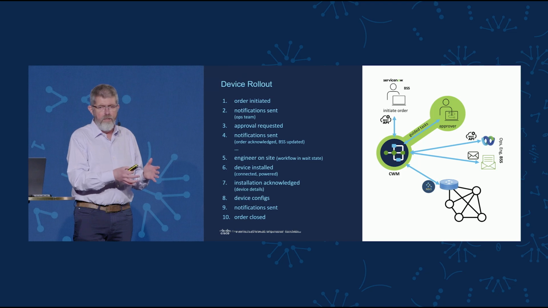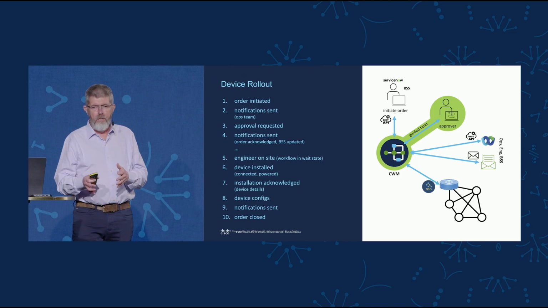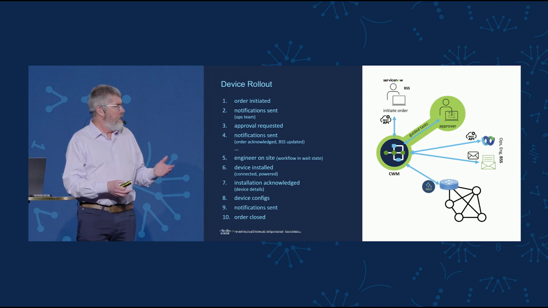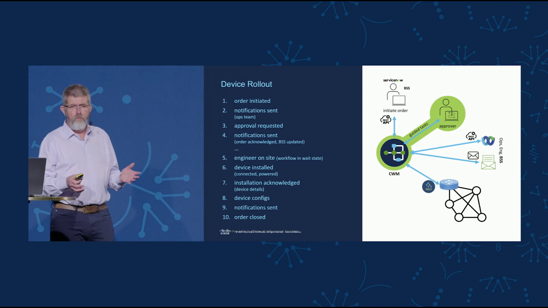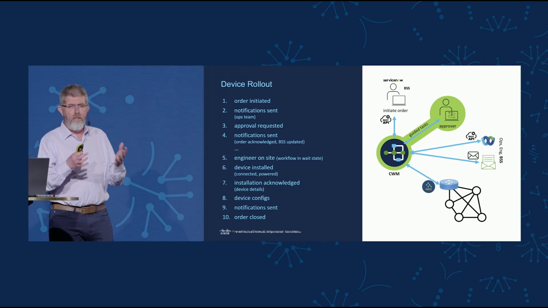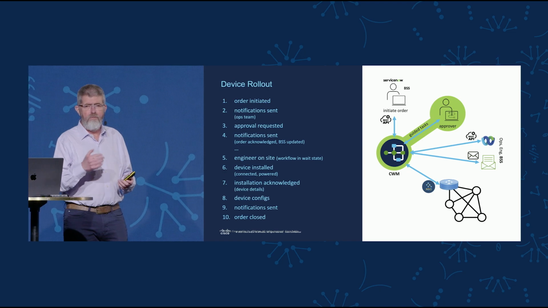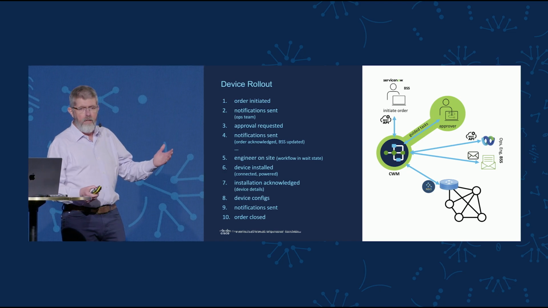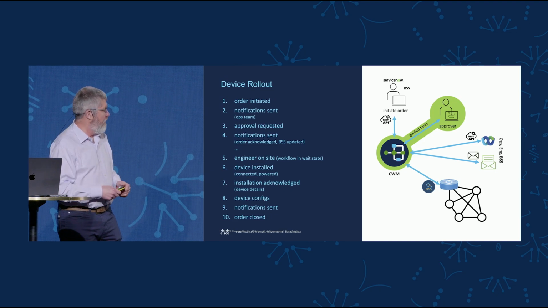So the workflow then can trigger some additional actions that are relevant to the activation of that device. In our case, it's pushing some bootstrap configuration, making sure that the device is available for the rest of the systems to engage with it and make it part of the broader network environment.